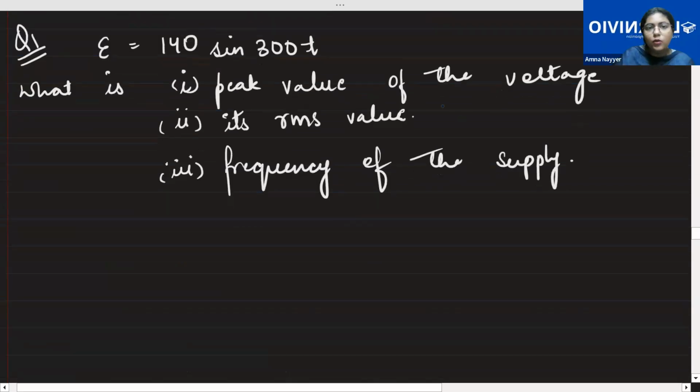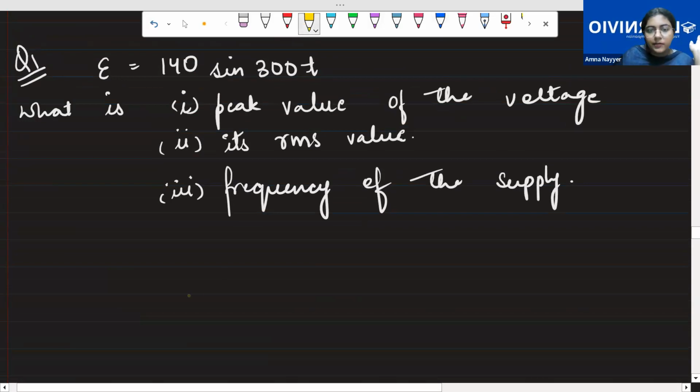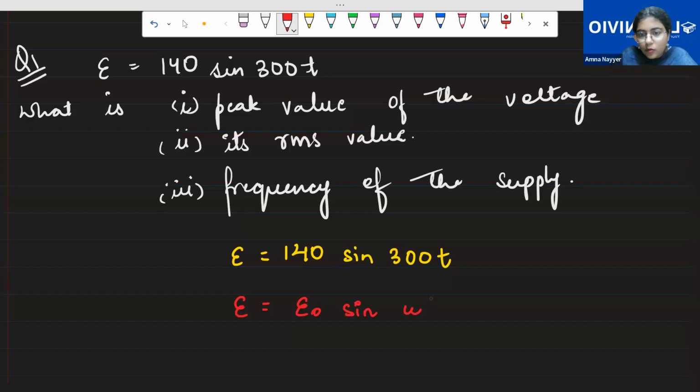This says E is equal to 140 sine 300t. Now, this is the equation given. I'm writing it again. E is equal to 140 sine 300t. The original equation was E is equal to E naught sine omega t. Now, it says peak value of the voltage. From here, we know what's the peak value of voltage.